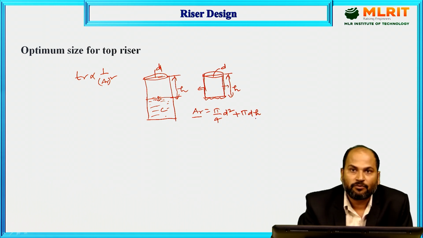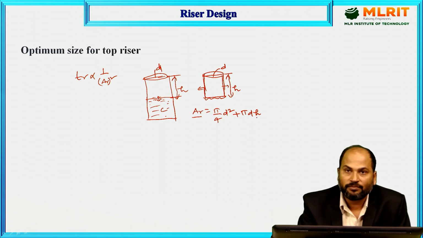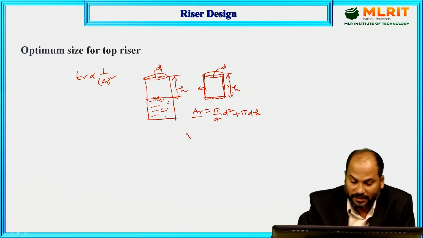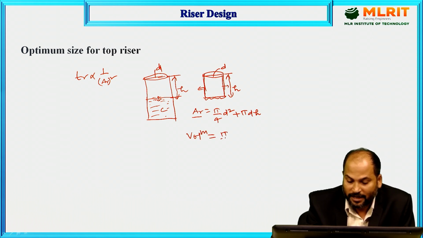We have assumed that the volume is constant. So we can write the volume of the riser as V equal to pi by 4 d square into h.